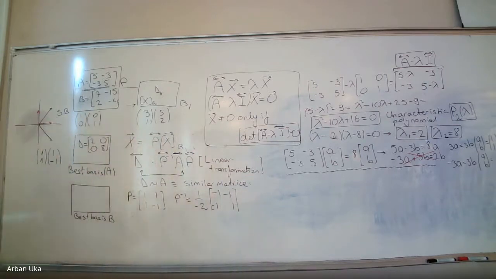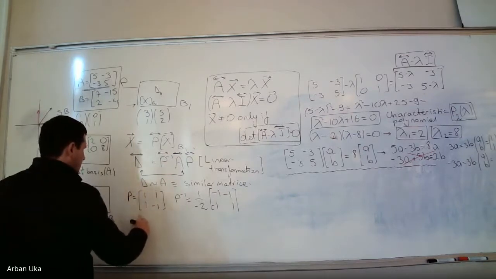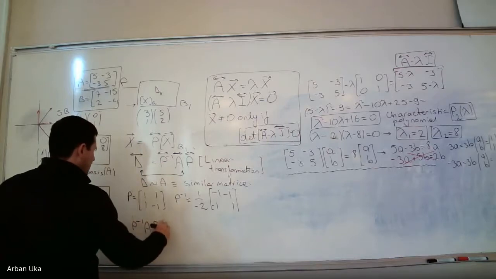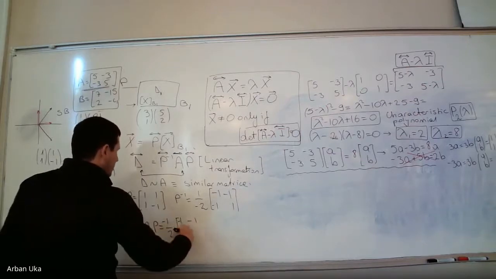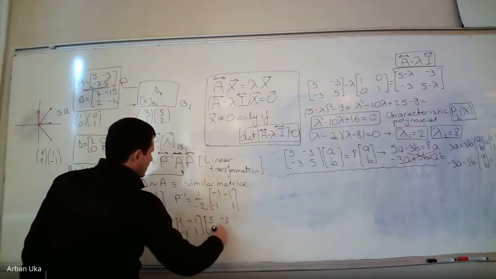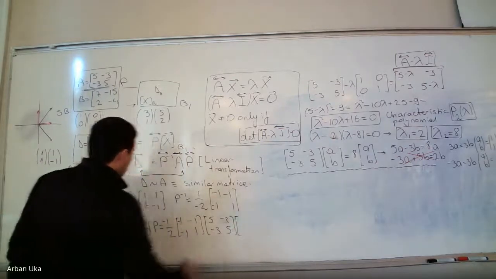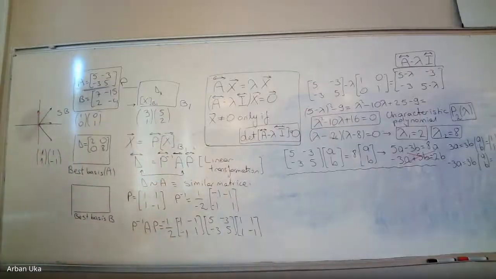So if we multiply P inverse with A and P again, we have P inverse times A times P. This would be equal to -1/2 times the matrix (-1, -1; -1, 1), times A, which is (5, -3; -3, 5), and then times (1, 1; 1, -1). We can check the necessary steps and see what the result will finally be.